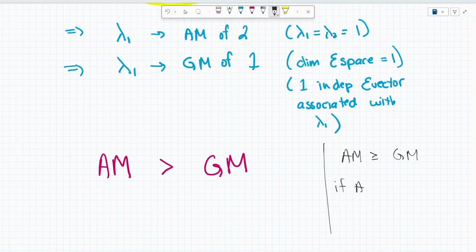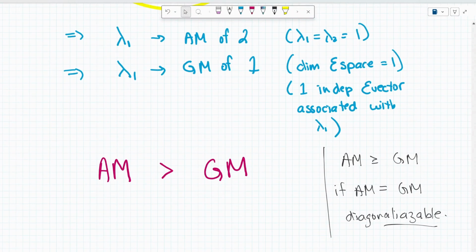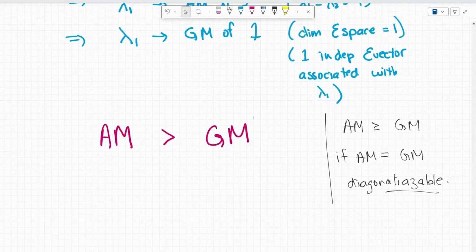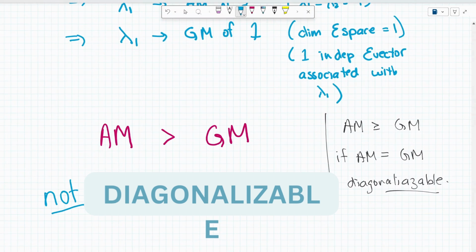If algebraic multiplicity is equal to geometric multiplicity, then the matrix is diagonalizable. If not, then we have a defective matrix. So in this case, since our algebraic multiplicity is greater than geometric, our matrix is not diagonalizable. That is the main conclusion we can draw there.